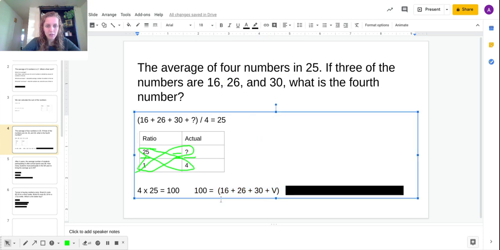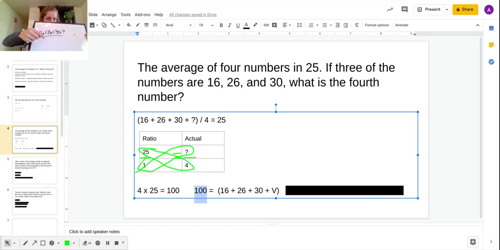So we know that 100 is the sum of the numbers that we're looking for, the top of our bar line over here. So we know that this specific part up here is going to be equal to 100 because we figured it out.